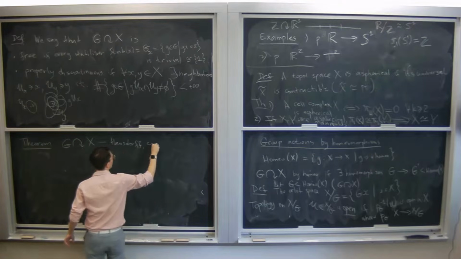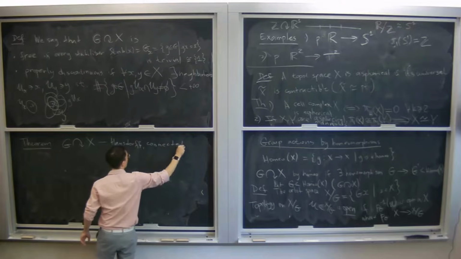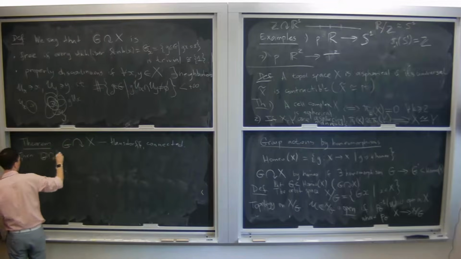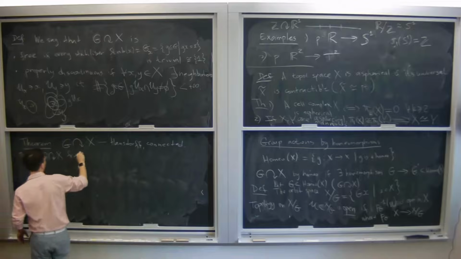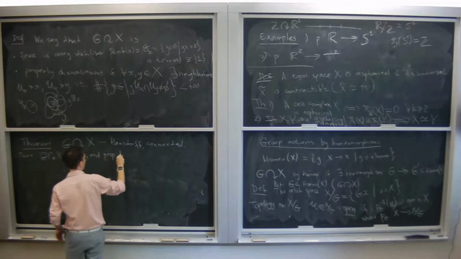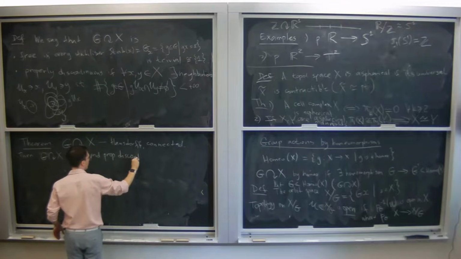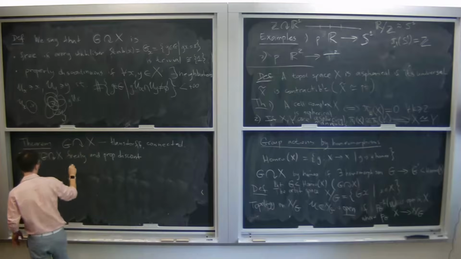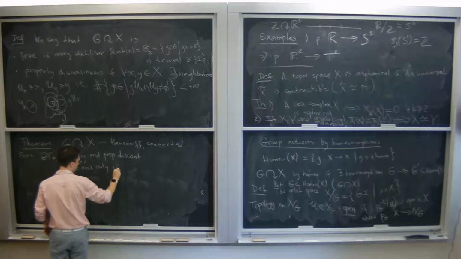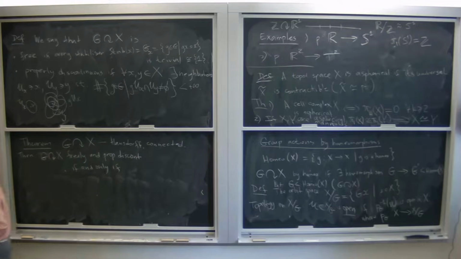G acts freely and properly discontinuously if and only if the map from X to X mod G is a covering, right?